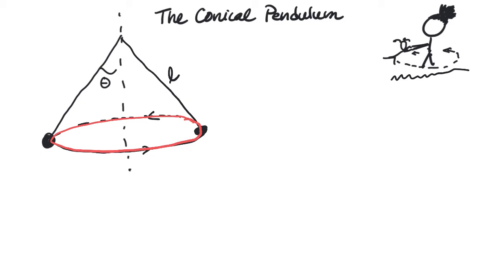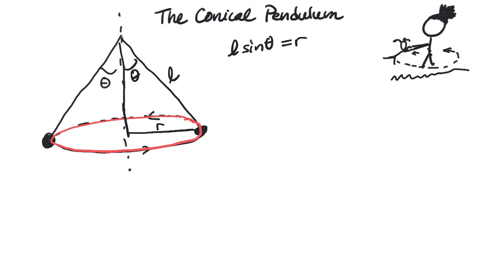Once you've found the circle, then you can identify the radius of the circle, which is going to be a super important quantity. And then you can see how that's related to the length of the string. The length of the string times the sine of the angle the pendulum is making is going to give us the radius because of this little triangle here.